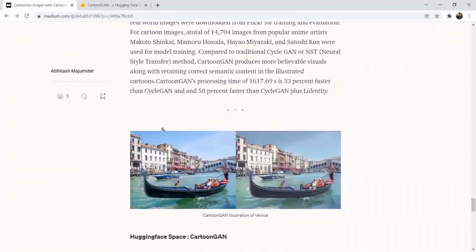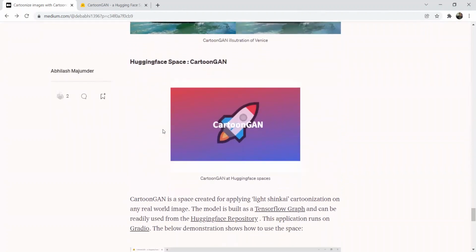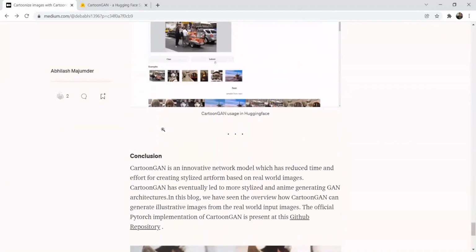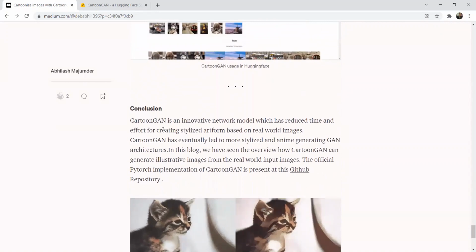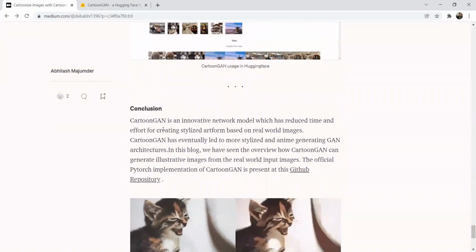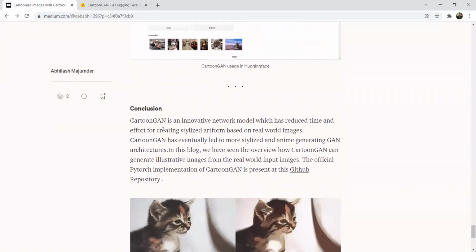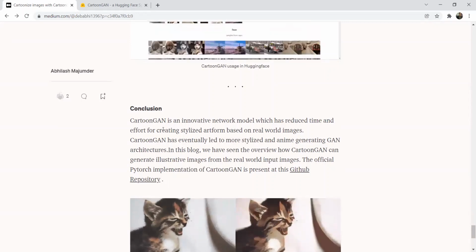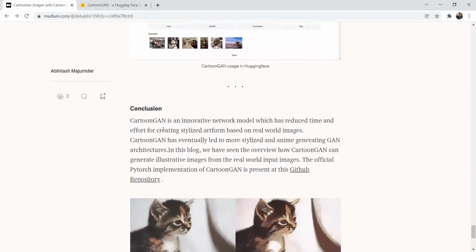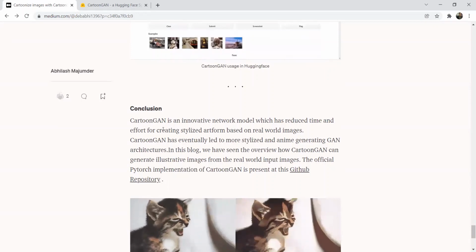Now, we have seen the different parts of this beautiful architecture. One important takeaway is that CartoonGAN is an innovative piece of work. As we know, GANs are now being used explicitly as the main form of adversarial training everywhere.